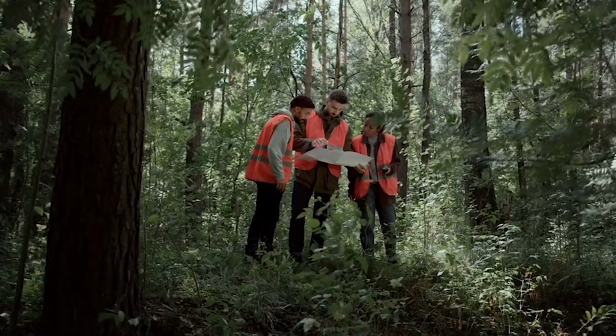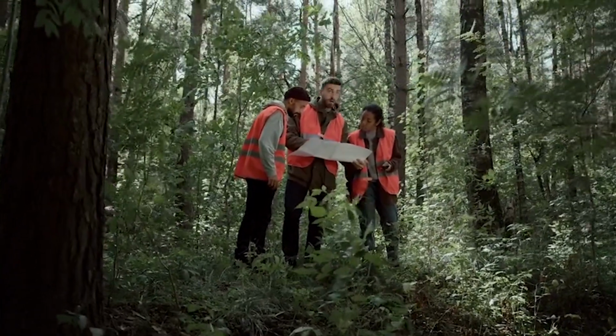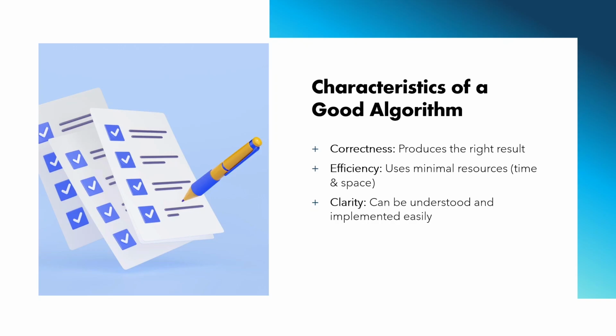So if you are faced with the problem of getting to an unknown destination, the problem is not just about getting to the destination, but getting to the destination in the least amount of time or distance or even both. And this applies to so many problems. So while it is possible to solve a problem in many ways, the key is to find the most efficient way of solving that problem.